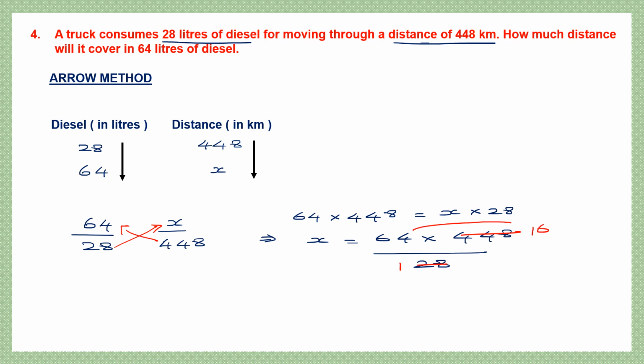Now we multiply 64 into 16, which is equal to 1024. So what have we found? We have found x, that is 1024, and this is 1024 kilometers, because we said x is the distance in kilometers. So this is our answer, 1024 kilometers, when we do it in the arrow method.